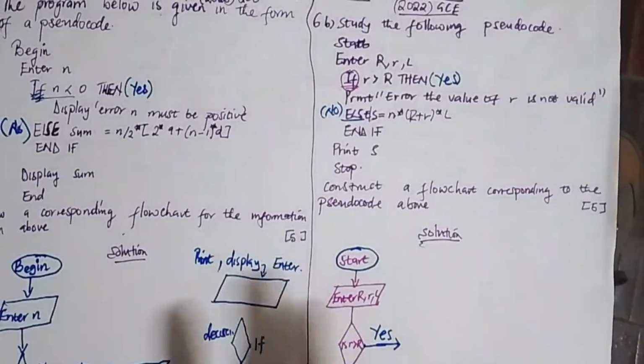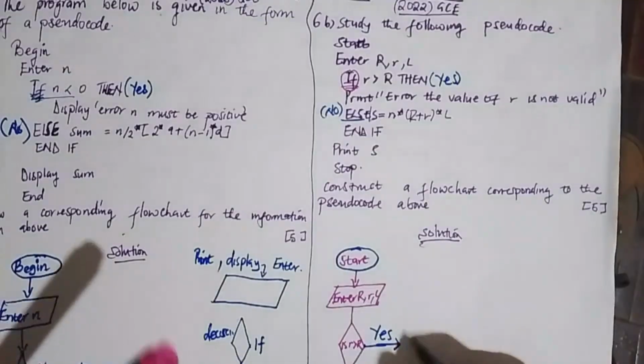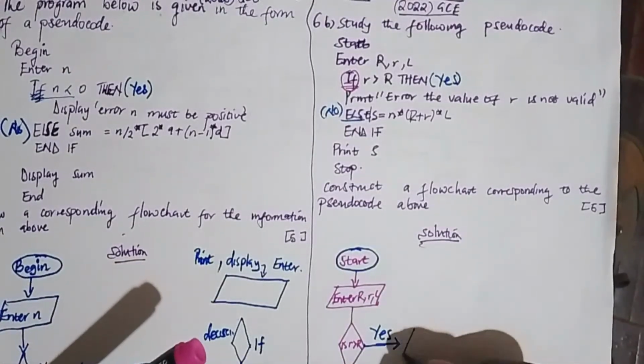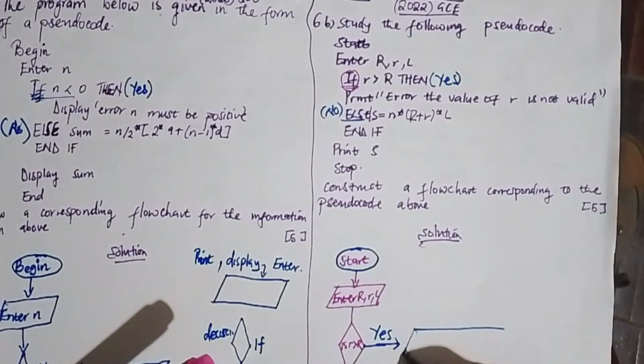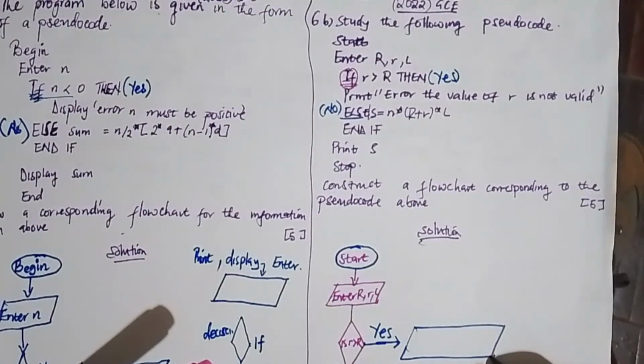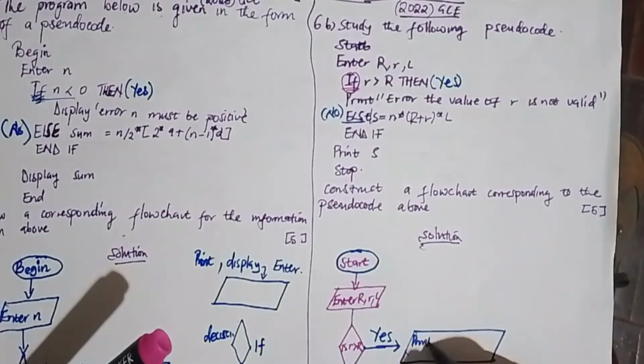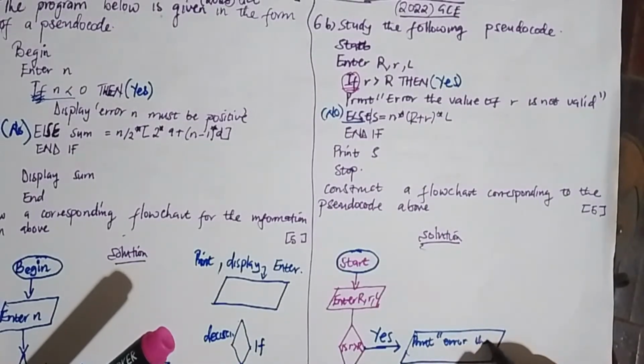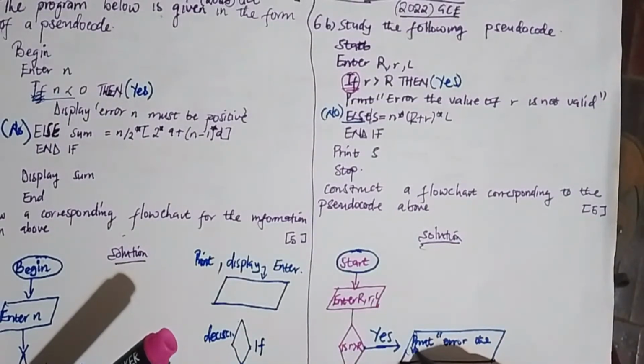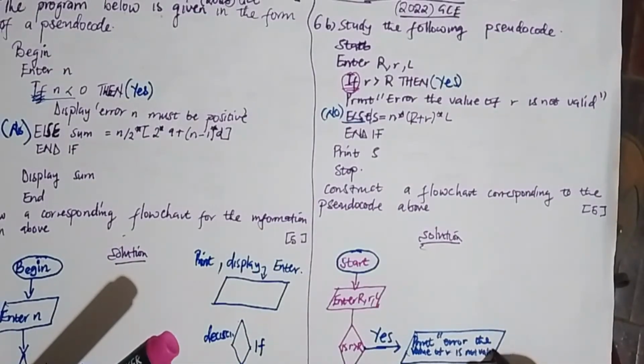So now let's write the parallelogram. Now we say print error, the value of R is not valid.